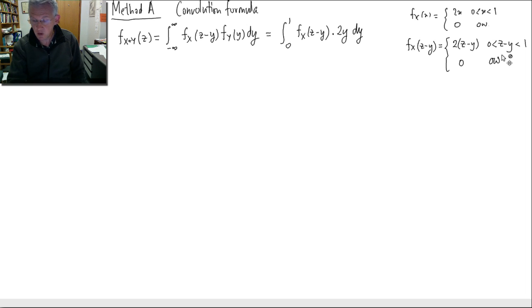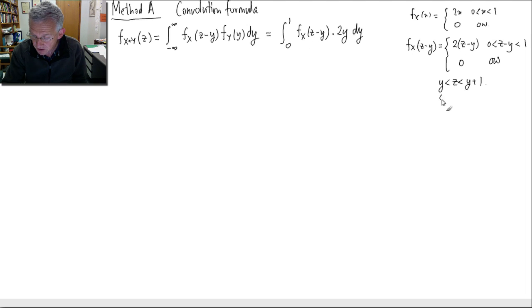So this is telling me when this expression can be replaced by the value 2 times z minus y, and it requires this to be true. Now what I'm particularly interested in here is the relationship between z and y. So I'm going to add y to this condition here, and that's telling me that if I add y all the way through that inequality, it's y less than z less than y plus 1. And that condition must be met for this expression here to be replaced by 2 times z minus y.